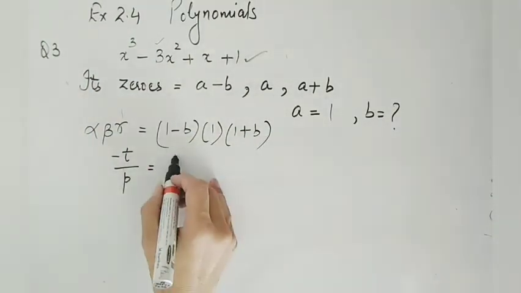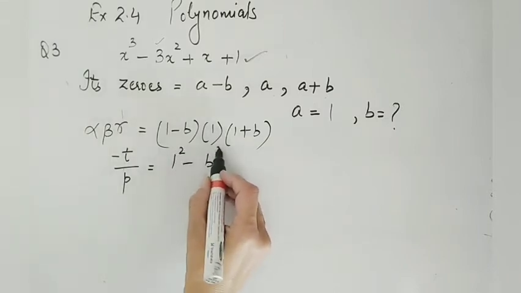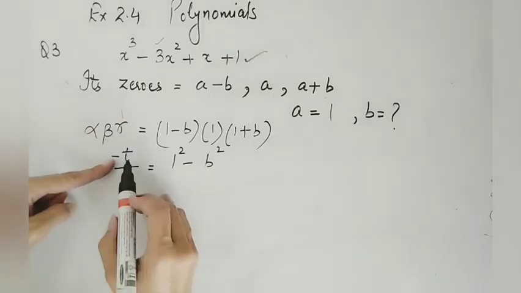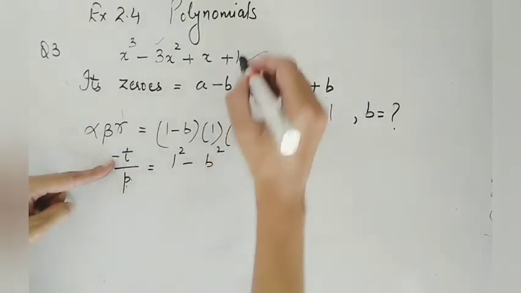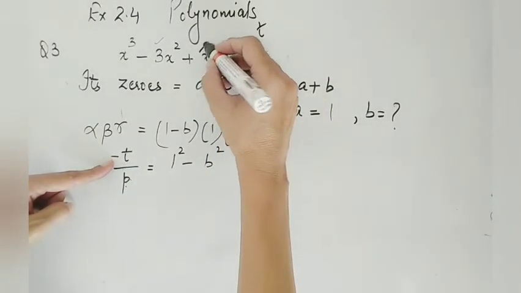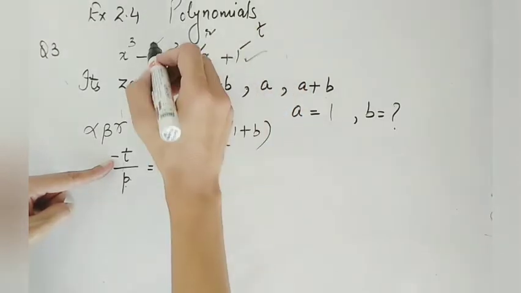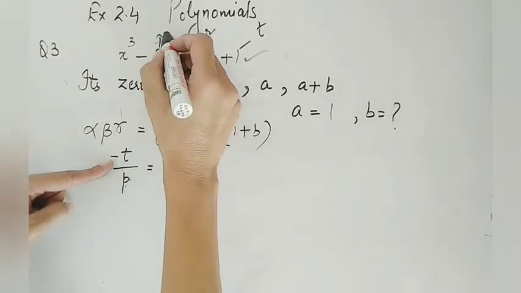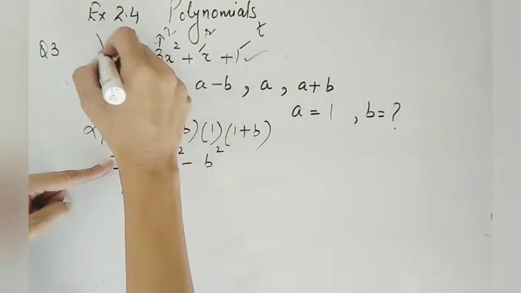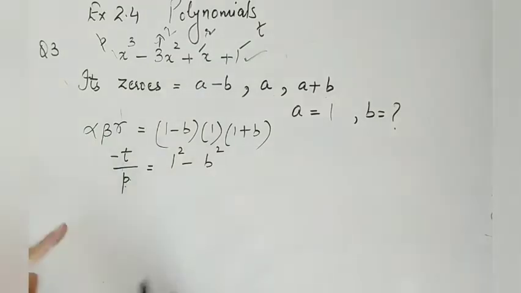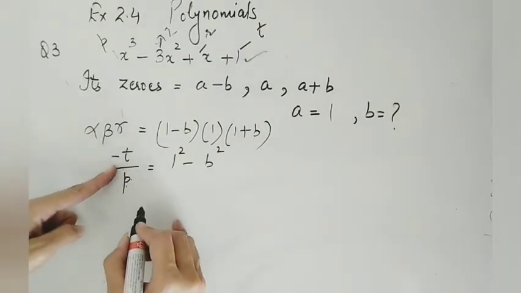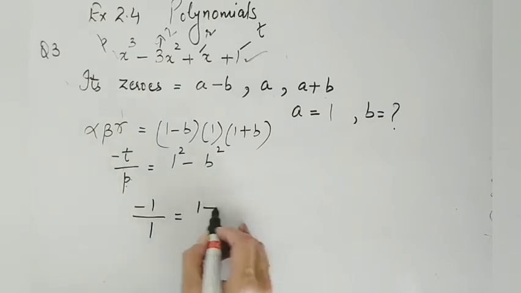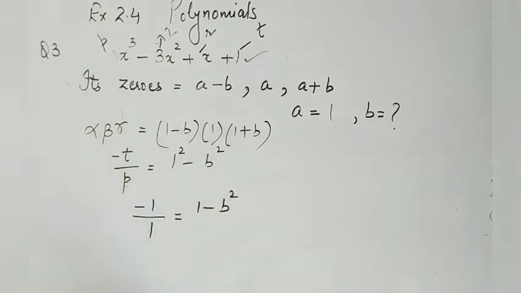This is nothing but a square minus b square. Am I right? Substitute the values of t and p. This is our t. This is r, and r is 1. This one is q. Over here this was p. P means 1. So minus t means minus 1. P is also 1. So it's 1 minus b square.